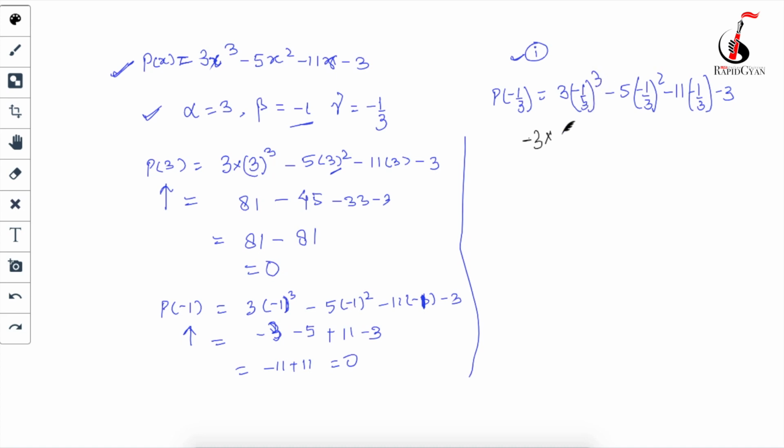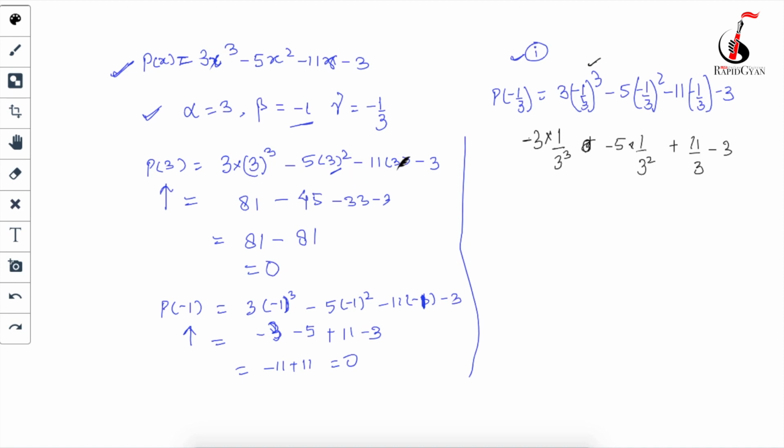I have taken the minus outside because here it's a cube, here it's a square, so this will automatically become plus. So this will be minus 5 into 1 upon 3 square. Here minus will become plus. This will be 11 upon 3, and this will be minus 3.